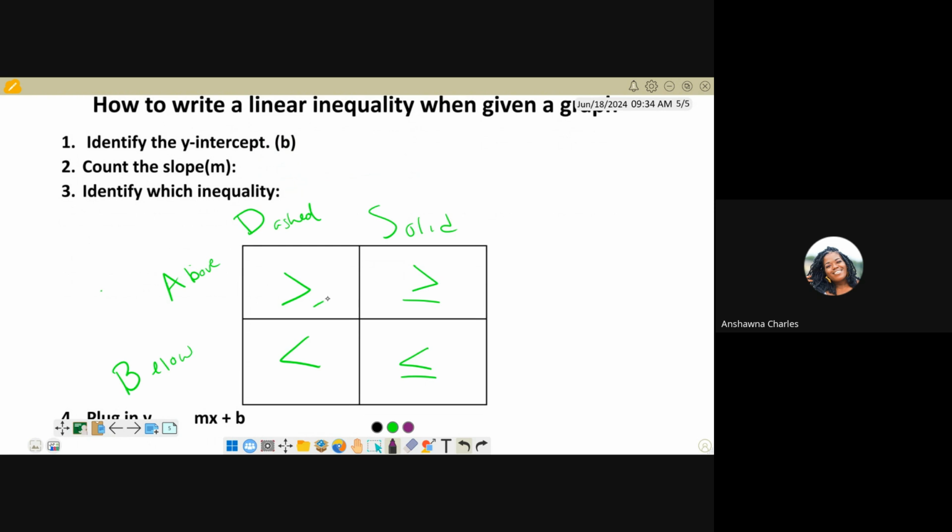And we got the examples to it. Below, shaded above, shaded below.